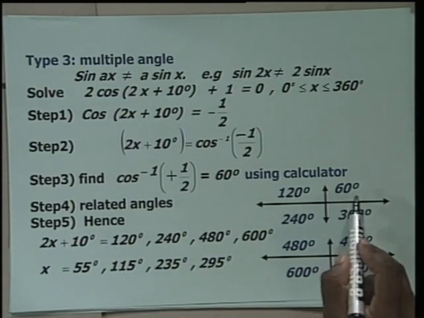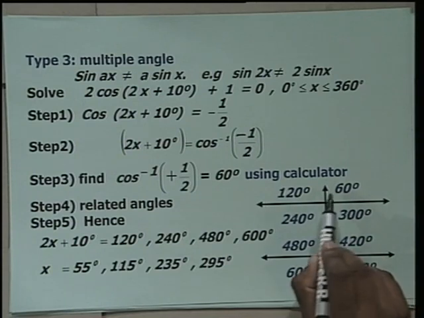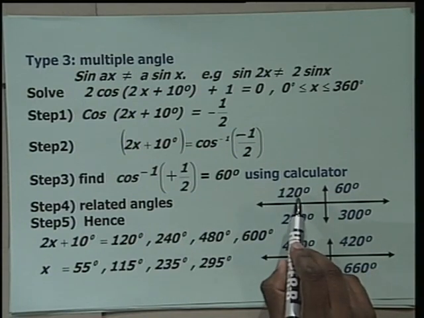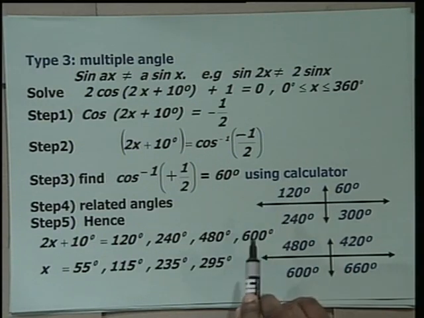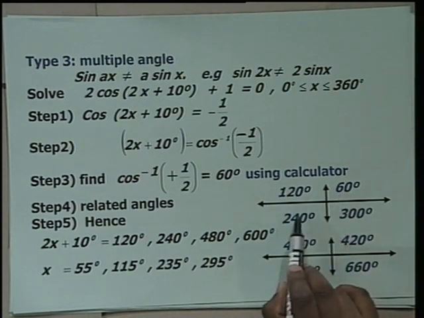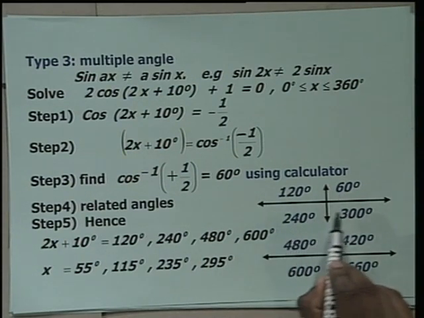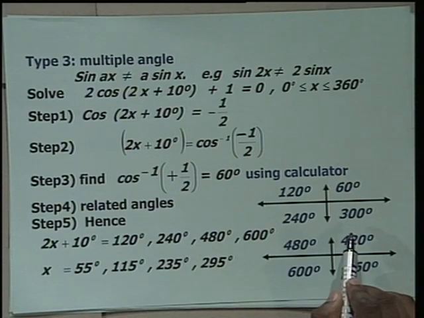And then the next step would be to find the related angles. 60 degrees in first quadrant will be related to 180 minus 60, which is 120 in second quadrant. Will be related to 180 plus 60, 240 degrees. Will be related to 360 minus 60, 300 degrees in the fourth quadrant.